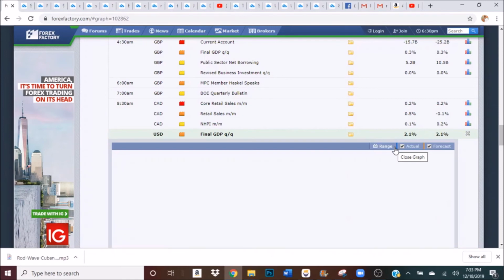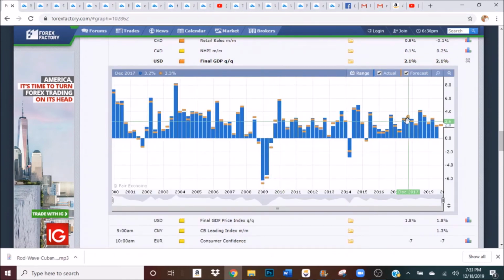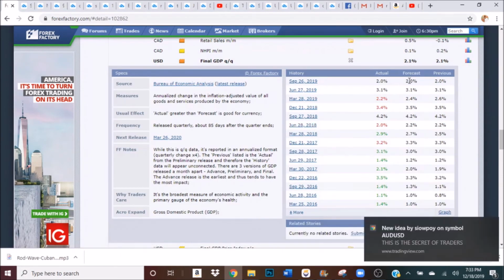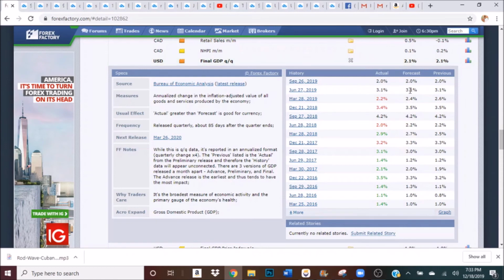So let's see. Well, they're expecting it to stay the same. So we'll see what price did. It has been fluctuating, but the predictions have been close to each other. So we'll see what we get.